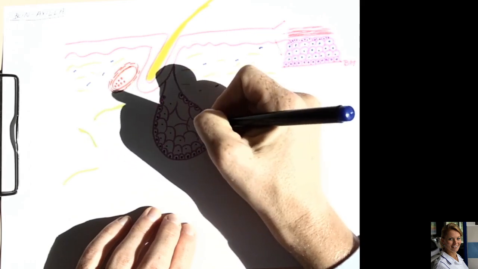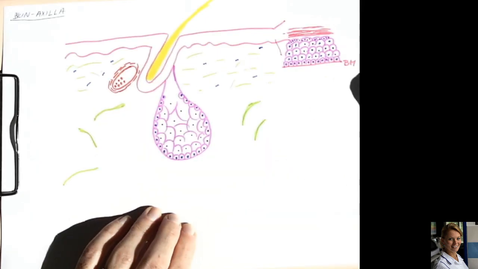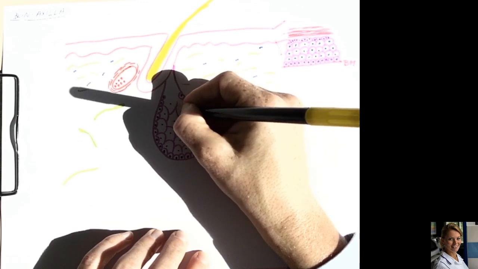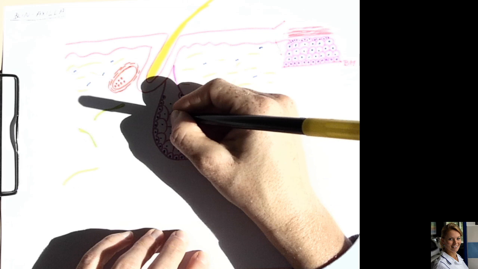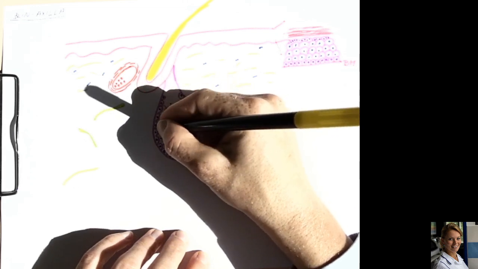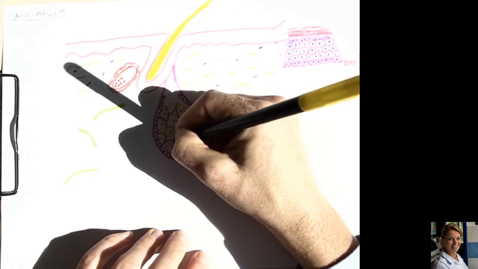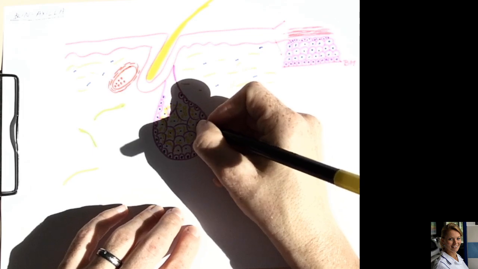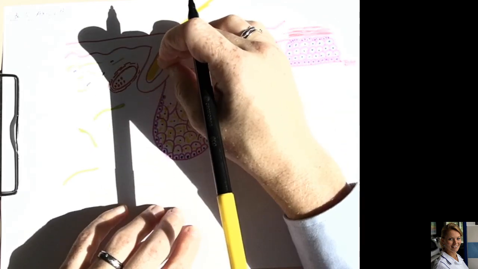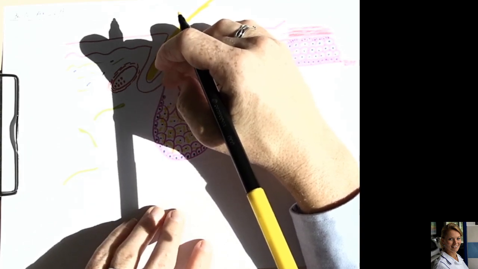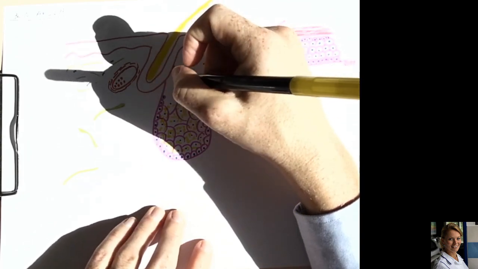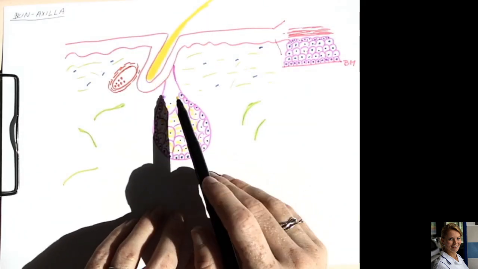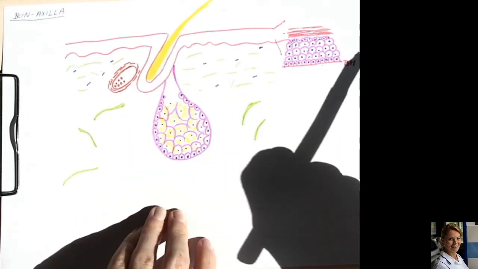When the cells are full of oil content, sebum, they break down, and the fat, the oil, goes to the duct of the sebaceous gland, which is lined with stratified squamous non-keratinized epithelium, and goes to the hair follicle mainly.